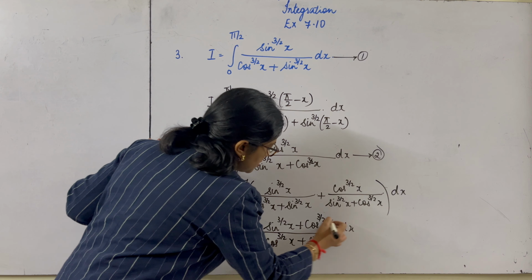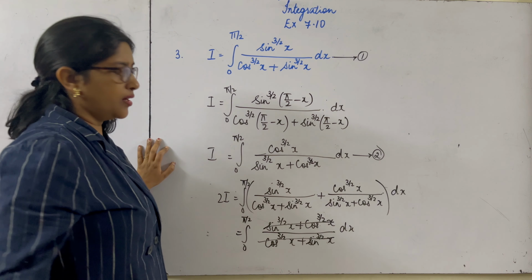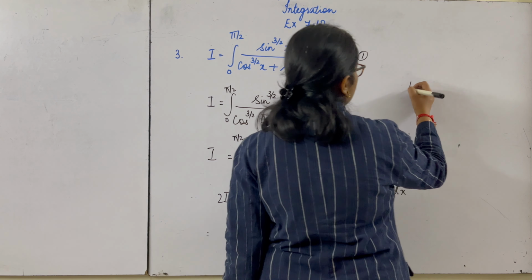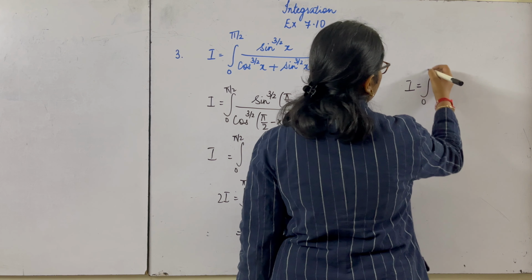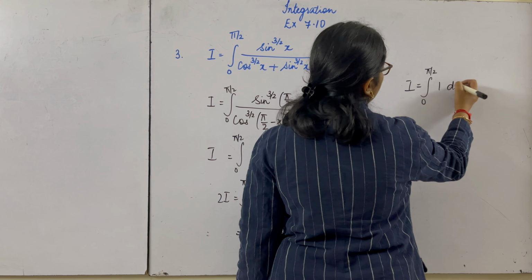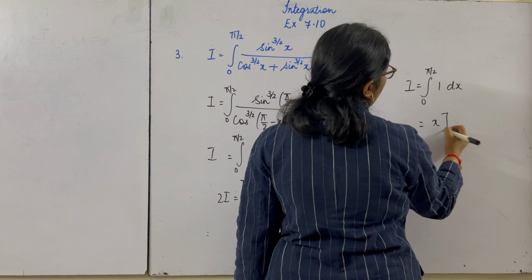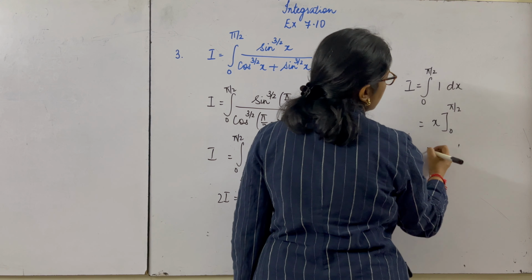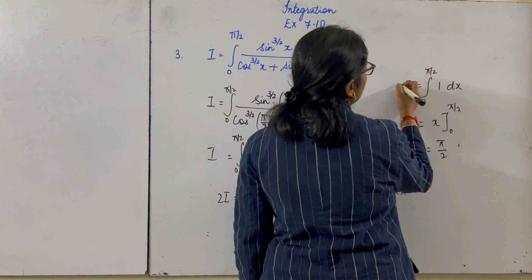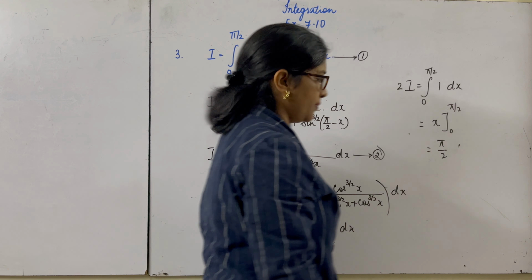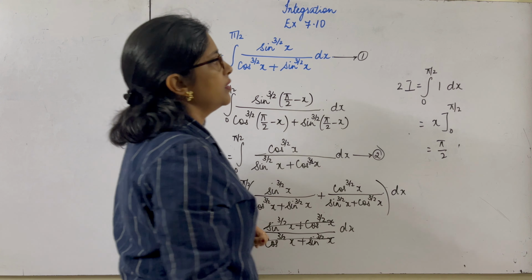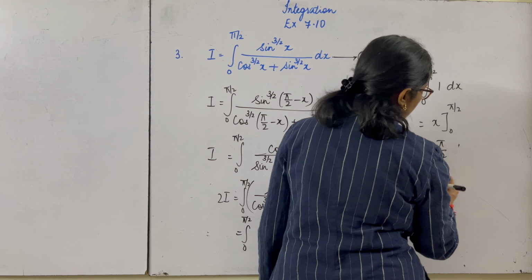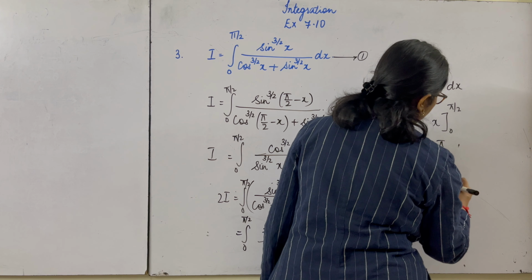This is going to get cancelled. We have integration of 1 dx. Integration of 1 is x, and so we have pi by 2 as the value of 2I, because there was 2I on the left hand side. And if 2I is pi by 2, what is I? Pi by 4.